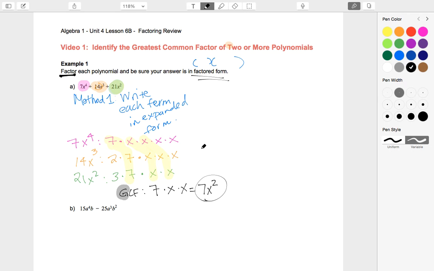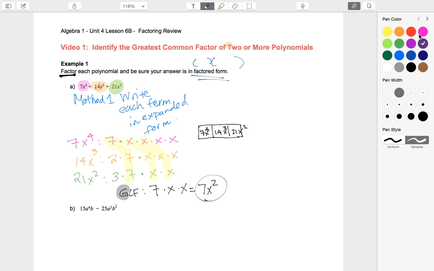But that is not what our answer is. That's not what we want our answer to be. We have to write our answer in parentheses, so making sure that's in factored form. A way to help you see this is with a box as well. So you could draw a box with 3 different sections, because we have 7x to the fourth, and then 14x cubed, and then 21x squared.